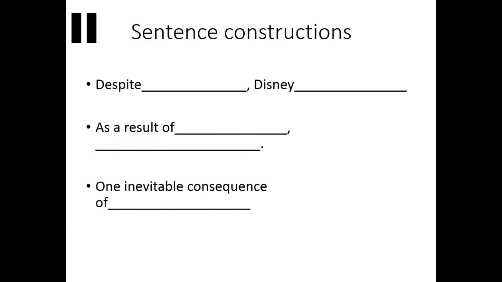So despite the downturn in cinema audiences in the 1960s, Disney still had huge success with its animated features due to its unchanging target market. And again, quite a lot of thinking goes into that construction. I have to think about my reasoning and why, linking one bit of context with another idea about Disney.